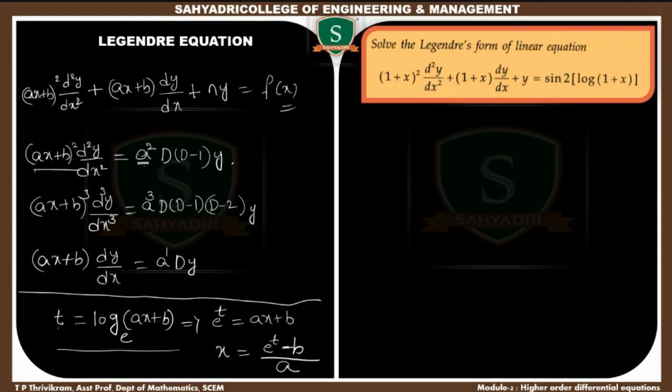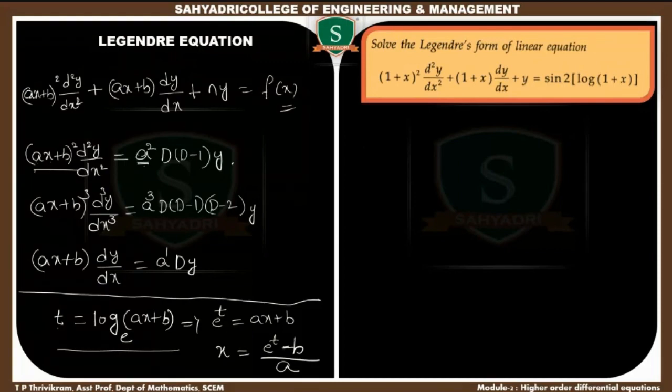There is nothing much difference between Cauchy's equation and Legendre's equation. In Legendre's equation, you will get in the place of x a linear function, that means any equation of the form ax plus b. Power of x should be 1 and it should have some constant term and quotient. Clear?